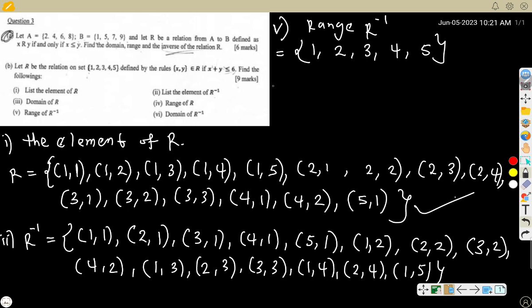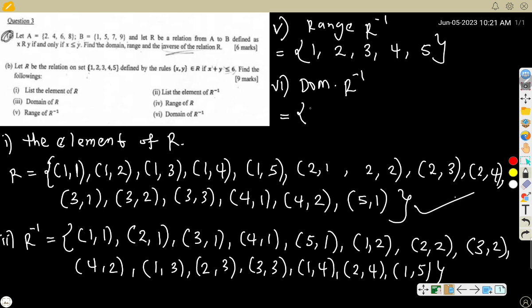So domain of R inverse. So domain is all the first number: one, two, three, four, five.